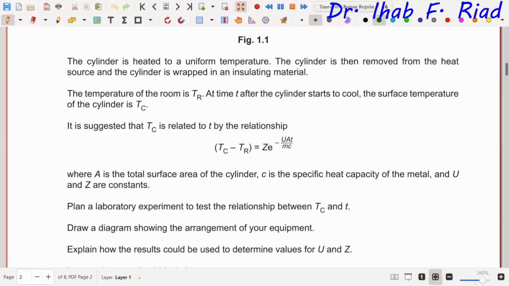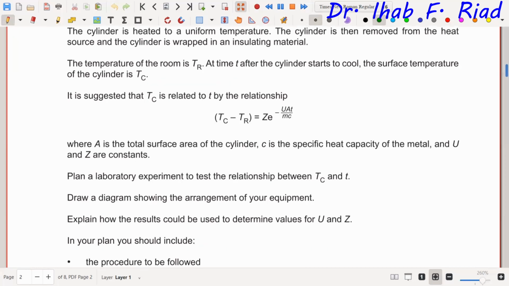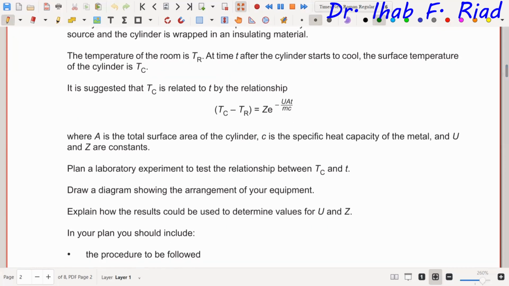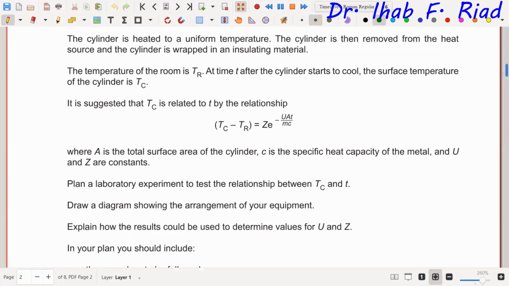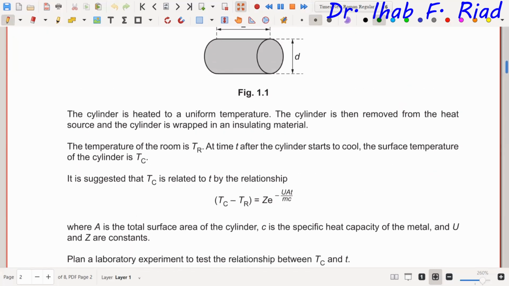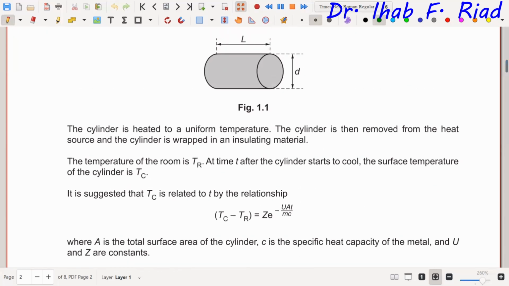It is suggested that Tc is related to T by the relation so and so, where A is the total surface area of the cylinder, C is the specific heat capacity of the metal, U and Z are constant. Okay, so can you tell me how we are going to proceed with this experiment? What they are doing in this experiment?